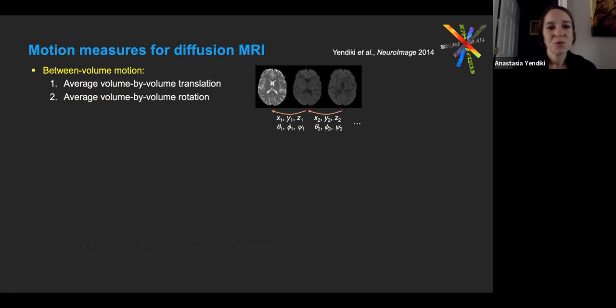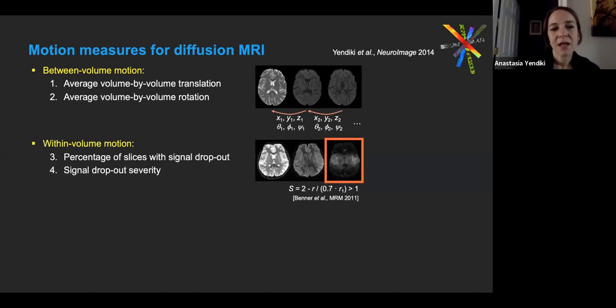These are the motion measures that we computed in that paper and that are also automatically computed by Dracula during its pre-processing steps. The first is the conventional between-volume motion: the average translation and the average rotation between consecutive diffusion weighted images.